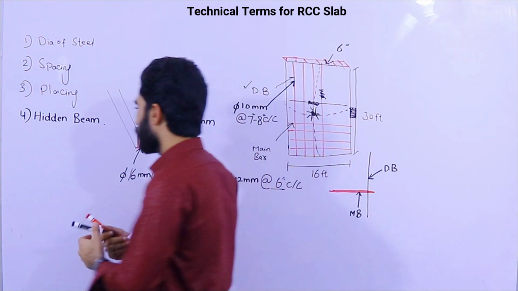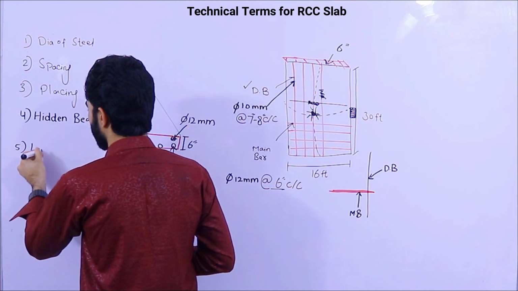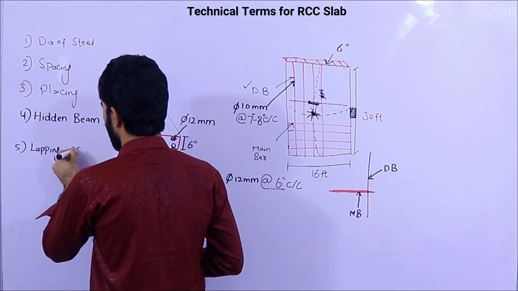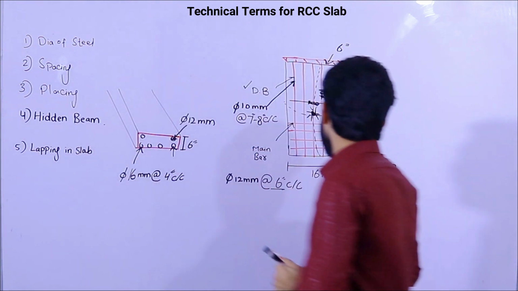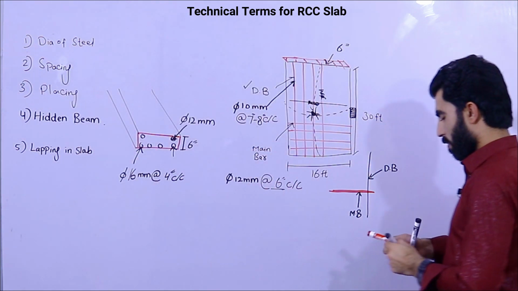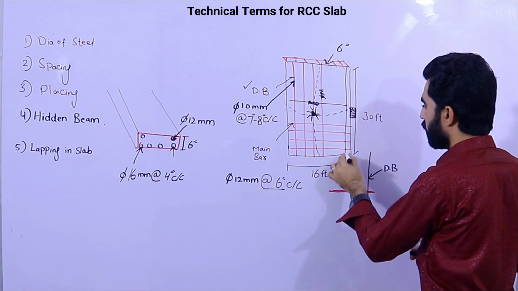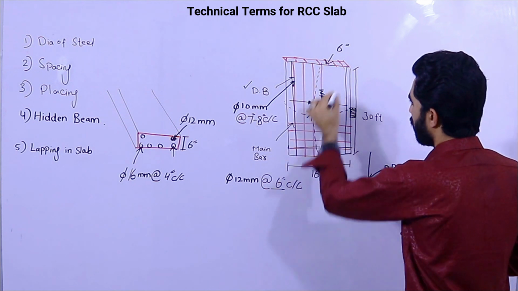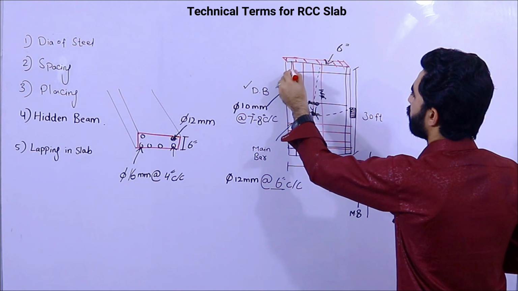Now I will discuss lapping in slab. The fifth one is lapping in slab. As you know, these are beams, also that one, and at these places we have the columns.